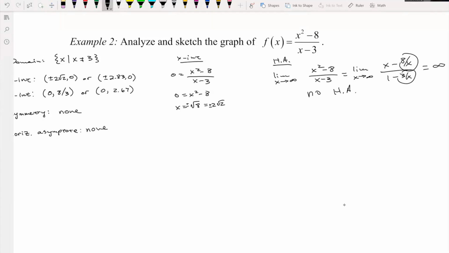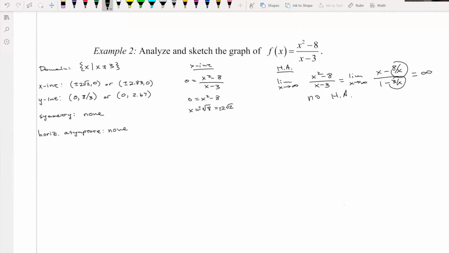And if you recall from pre-calc, there might be a slant asymptote or an oblique asymptote, right? So let's remember how to do a slant asymptote, or oblique, same thing. This is where we do our long division, x minus 3 into x squared minus 8.